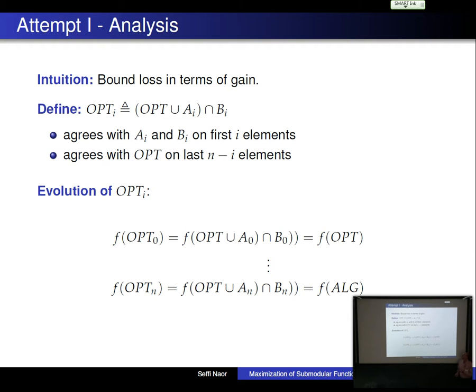And opt_0 is my real opt. And opt_i agrees with A_i and B_i on the first i coordinates, and on the rest of the coordinates, it agrees with opt.